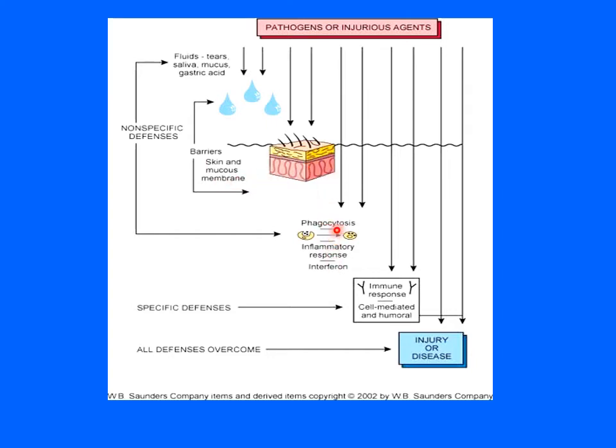Then you're into the second line of defense, so you have your phagocytosis going on, your macrophages, your white blood cells, inflammation, interferon, complement, fever, all those things that are also nonspecific. And then if you bypass those, now you're in that third line of defense, which is very specific. You have B lymphocytes producing antibodies and T lymphocytes involved with cell-mediated response. Now, if all of these are overcome, then we have a problem, because now the body can be invaded.